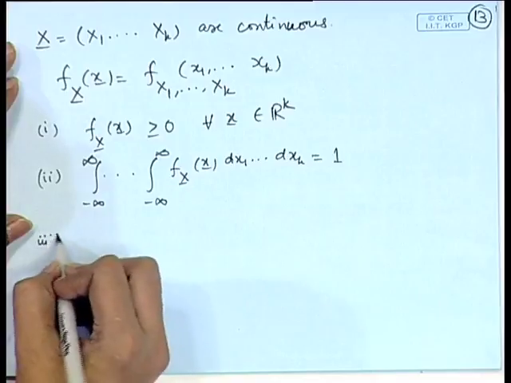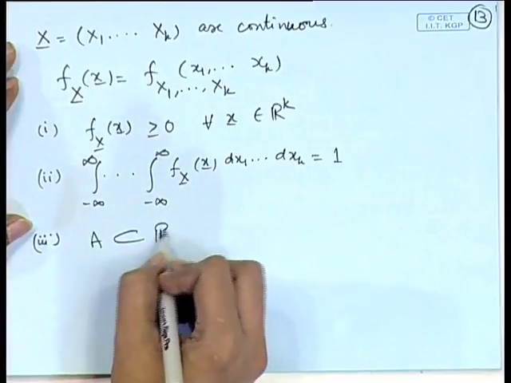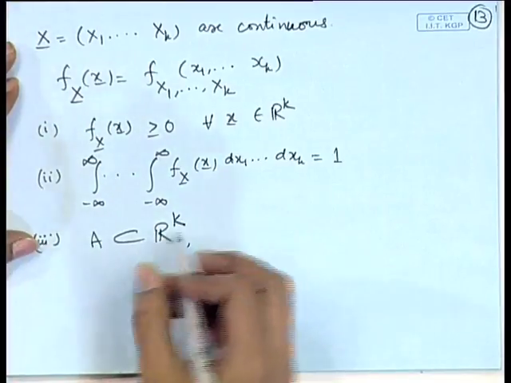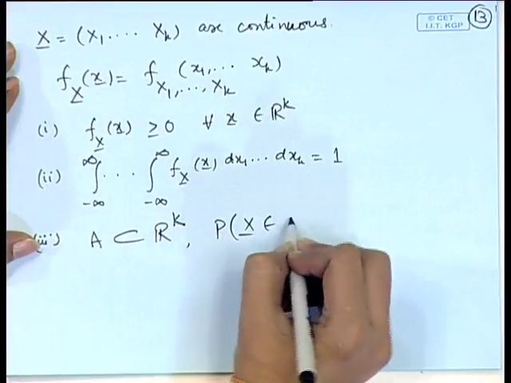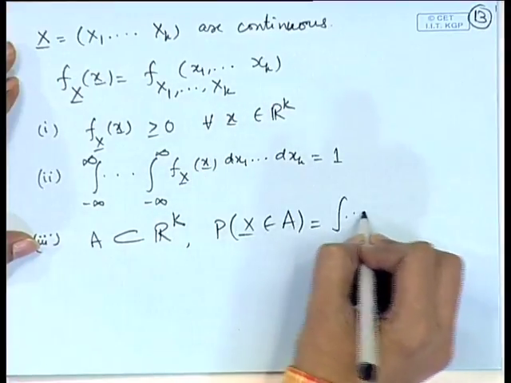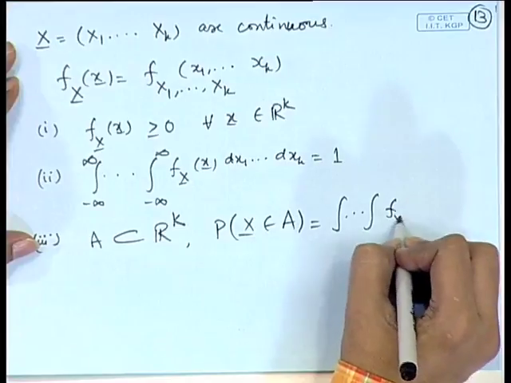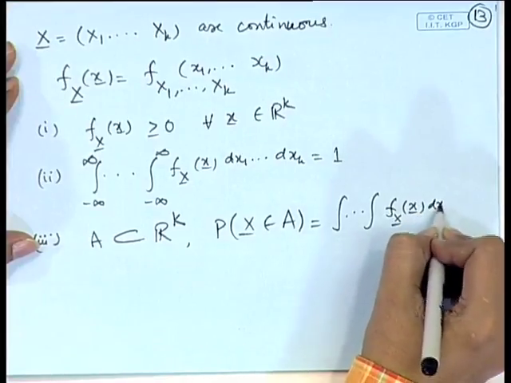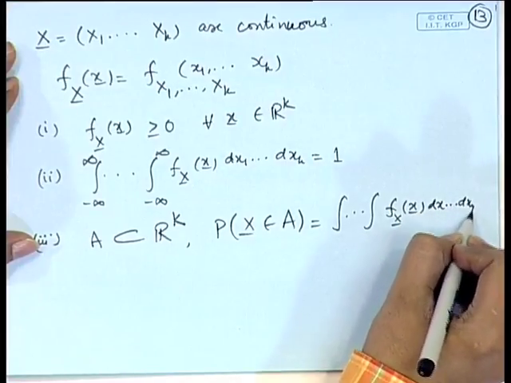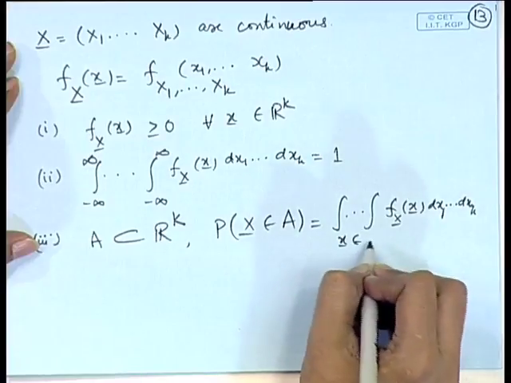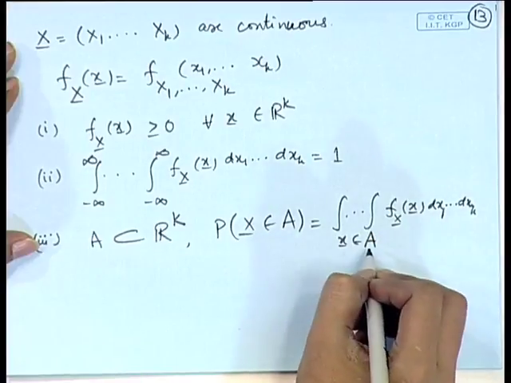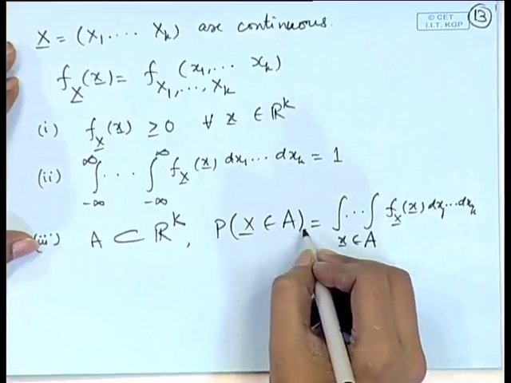And if I take A to be any subset of the k dimensional Euclidean space, then probability of X belonging to A is the integral where the integrand is integrated over the range A.